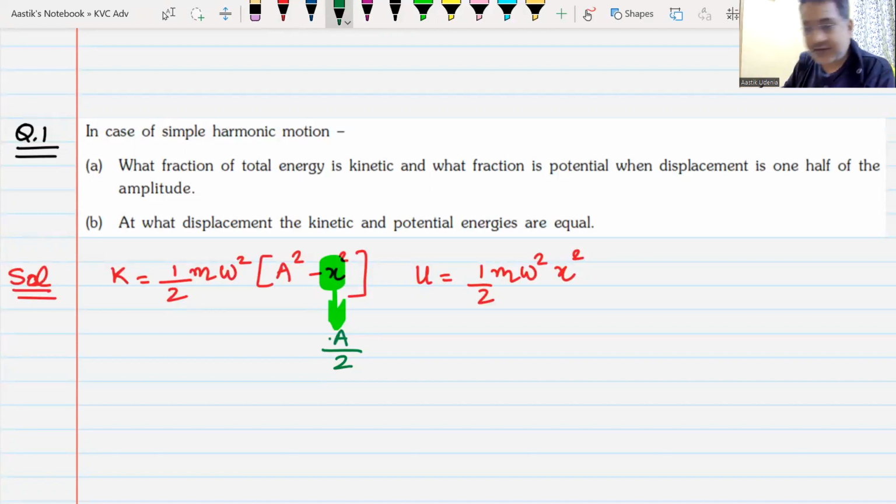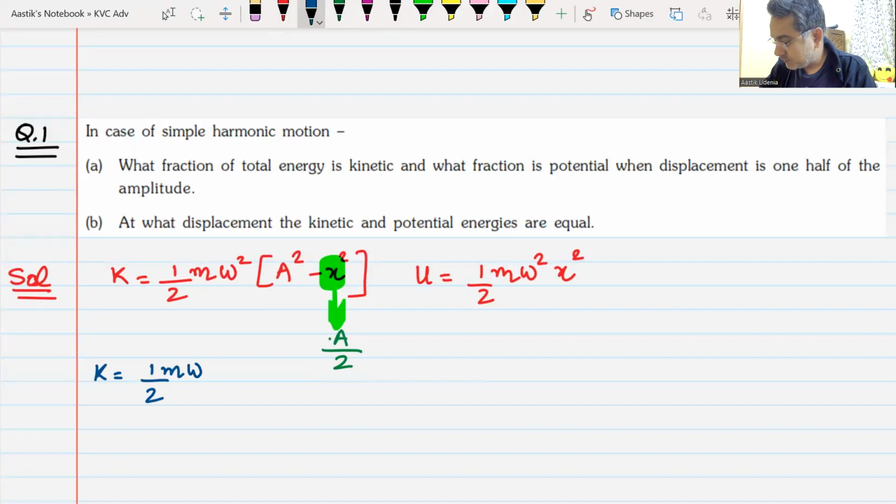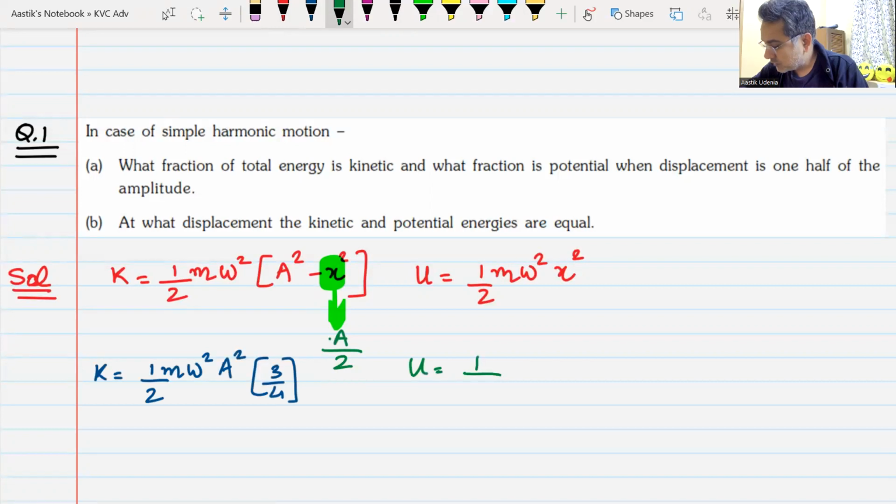So from there you can get the value of kinetic energy and potential energy. What is the value of kinetic energy that you are getting? Kinetic energy is half m omega square into a square into 3/4. And the potential energy you will be getting as half m omega square into a square into 1/4.